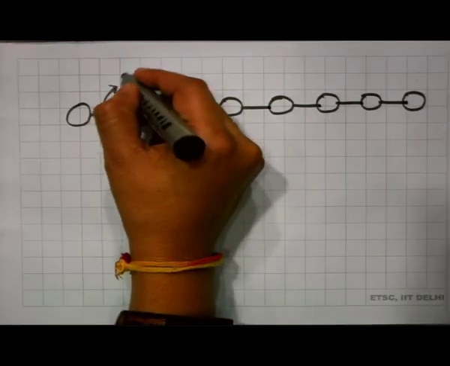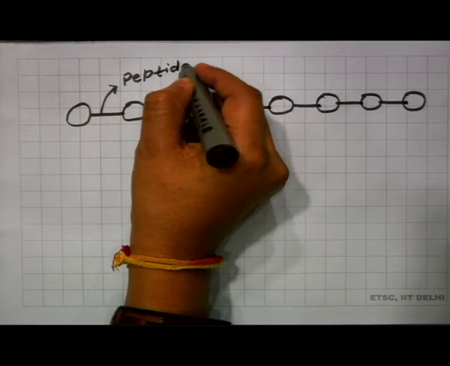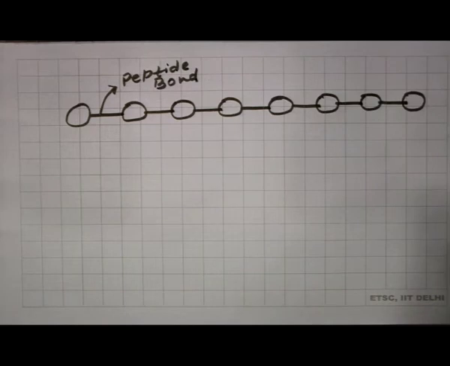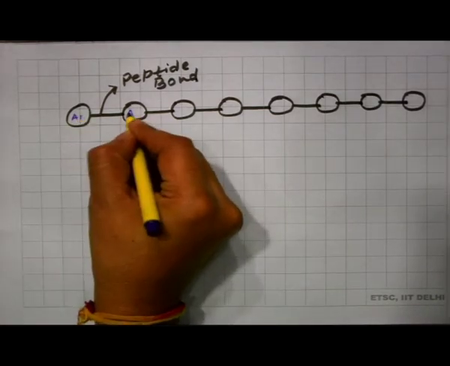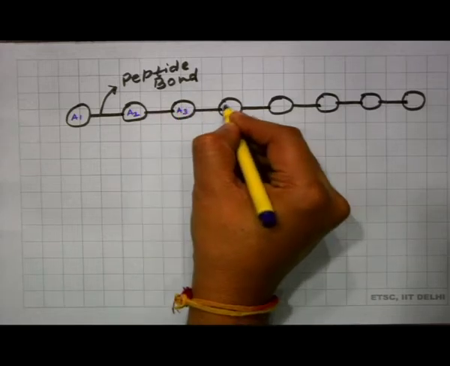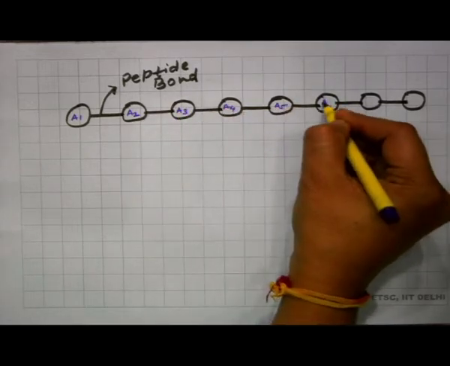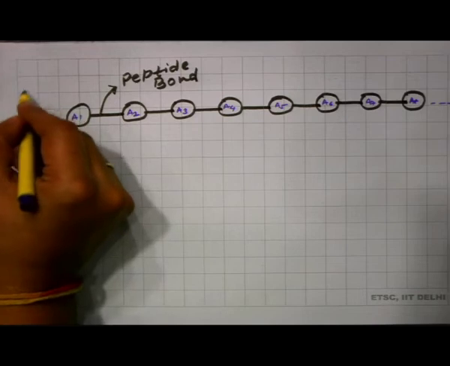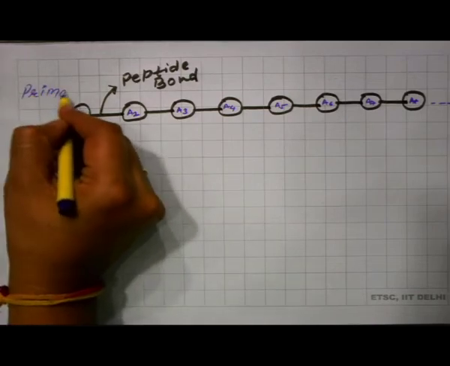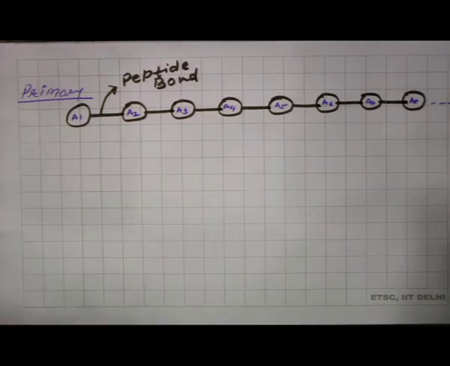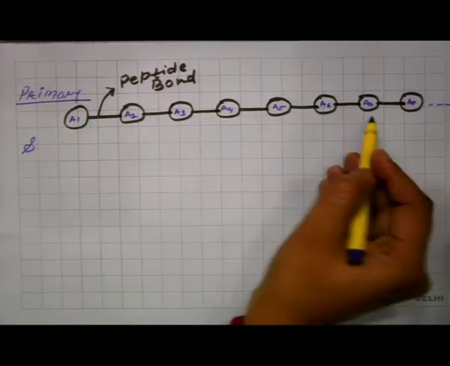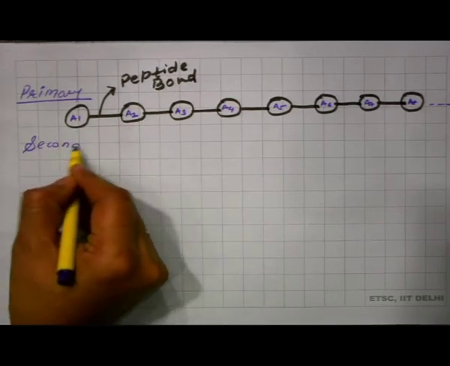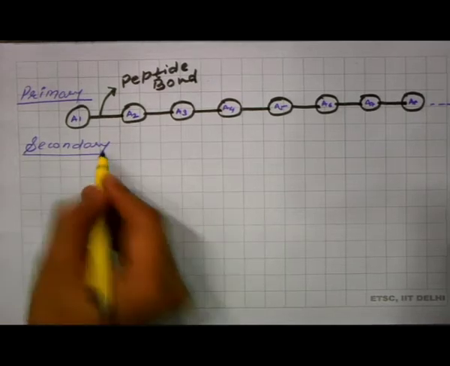This is a peptide bond, and these are different amino acids, say A1, A2, A3, A4, A5 and like that. So, this one is considered as the primary structure of protein, which is formed by peptide bond in between the two amino acids. The second level of structure is secondary structure.